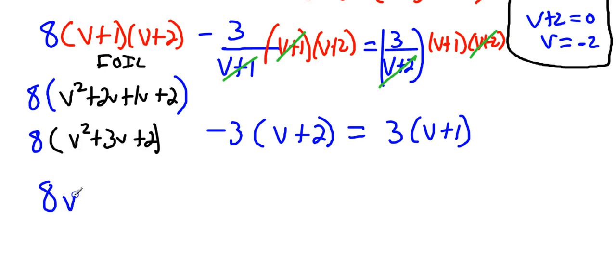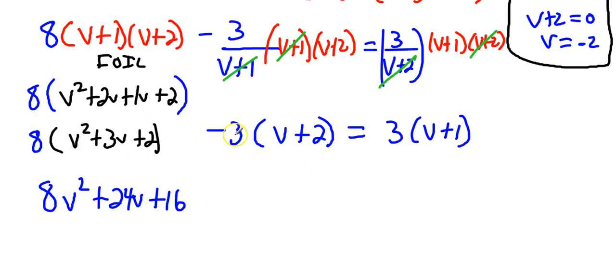So now you're going to have 8v squared plus 24v plus 16. Okay, so we've done the full method, did 8 times all this, and gotten this from that very first part.